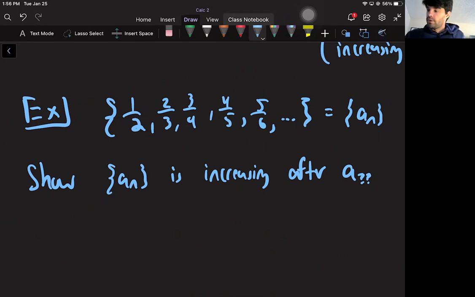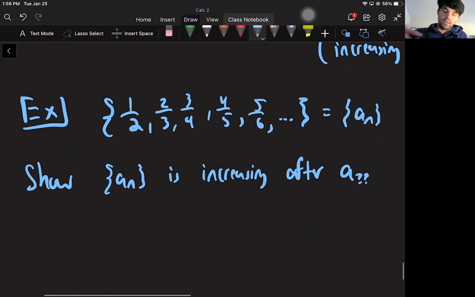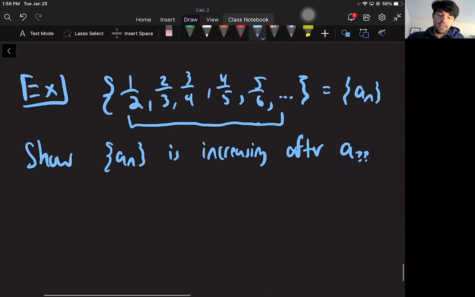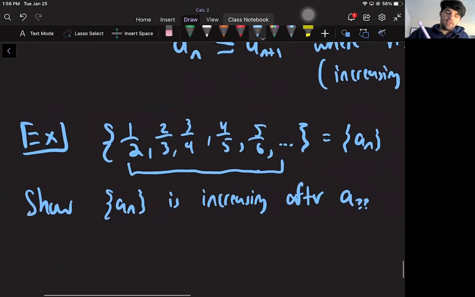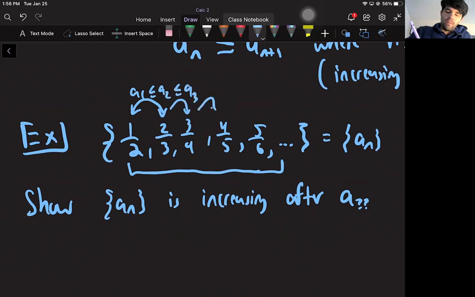Okay, so the trick is, first, we need a nice simple formula to describe this, because I can't just look at every two and say, yeah, okay, A1 is smaller than A2. Okay, look at this one. Yeah, that's smaller than A3. I can't just do that forever.